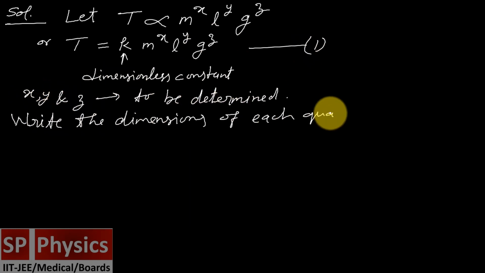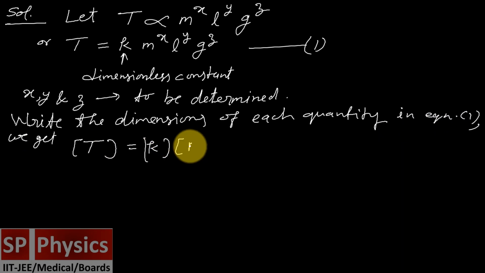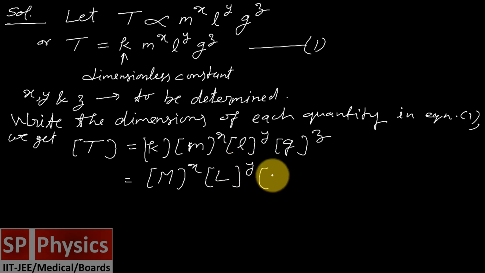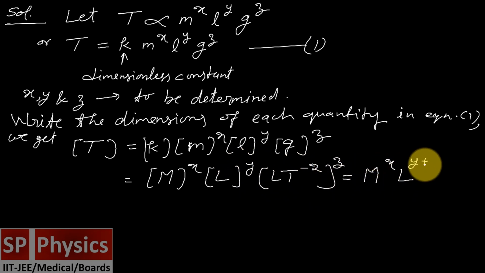Write the dimensions of each quantity. We get the dimensional formula of T is T, k is a dimensionless quantity, the dimensional formula of m is M, its power x, the dimensional formula of length is L, its power y, the dimensional formula of g is L T^-2, its power z. That is, T is equal to M^x L^(y+z) T^-2z.